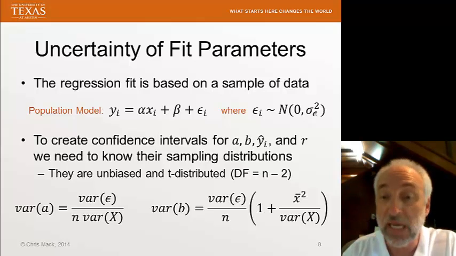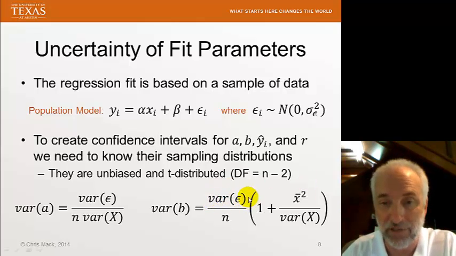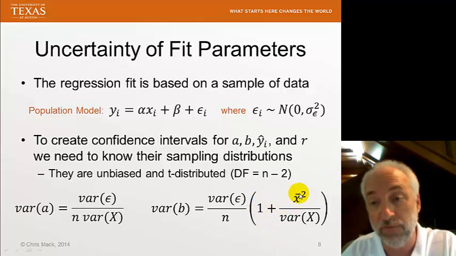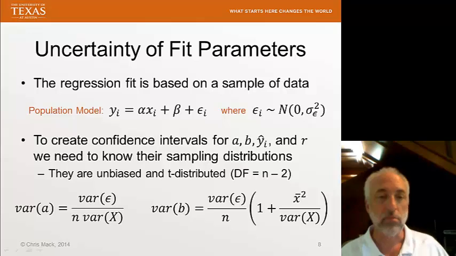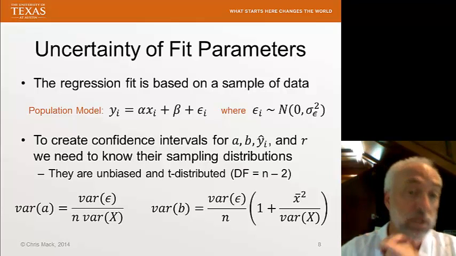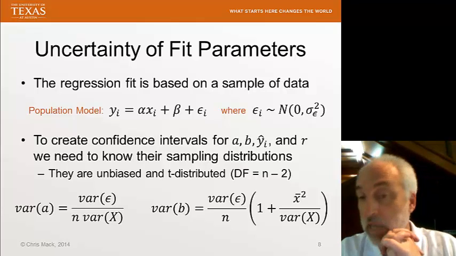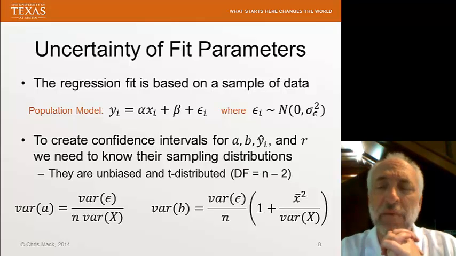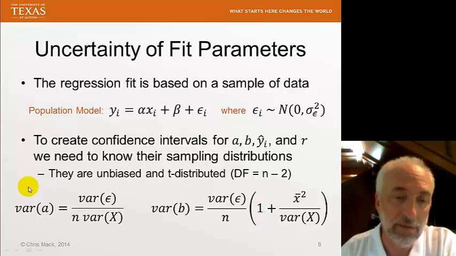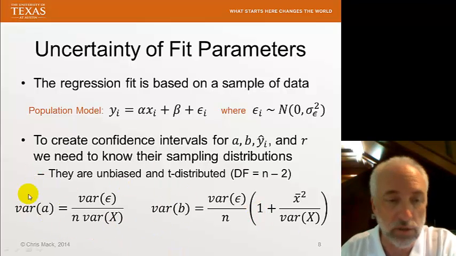The variance of b is also the variance of the residuals divided by n, but now it's a function of the mean value of x squared divided by the variance of x. Of course, we can estimate all of these parameters and use them in a confidence interval calculation. Before we talk more about that, let me describe the meaning, just intuitively, of these equations.